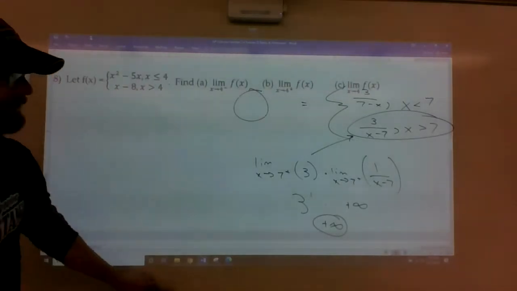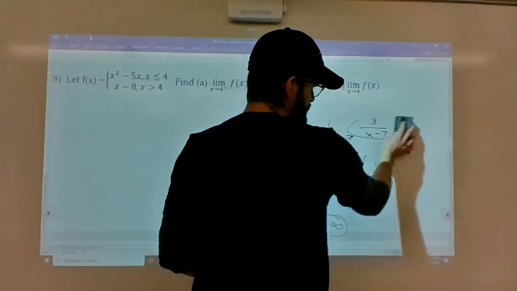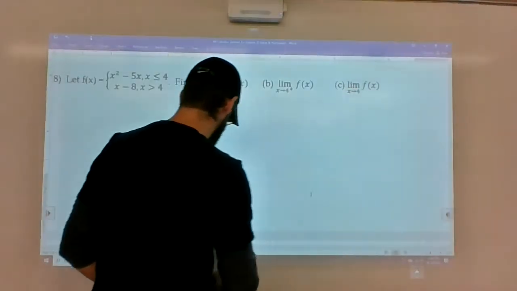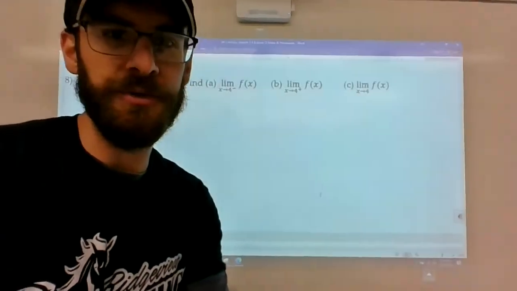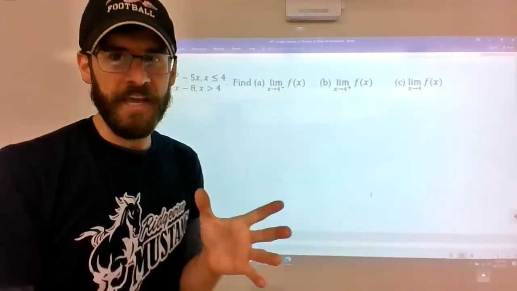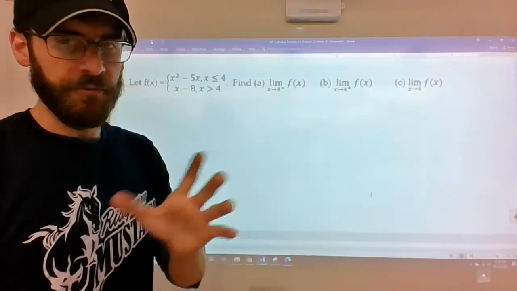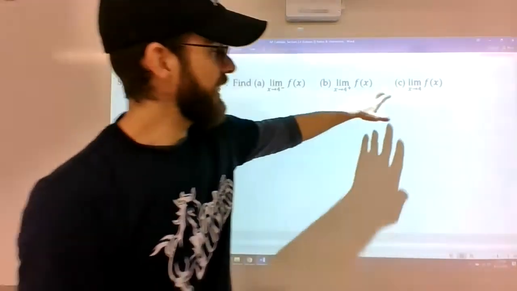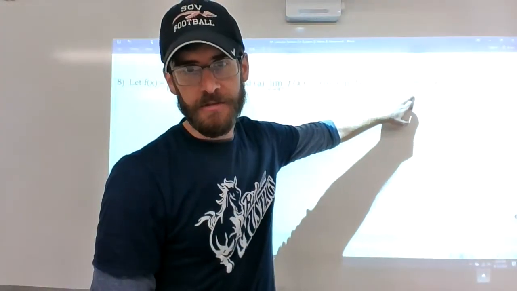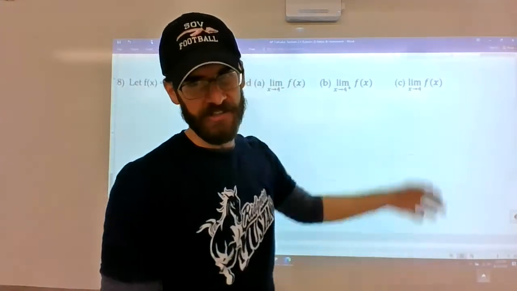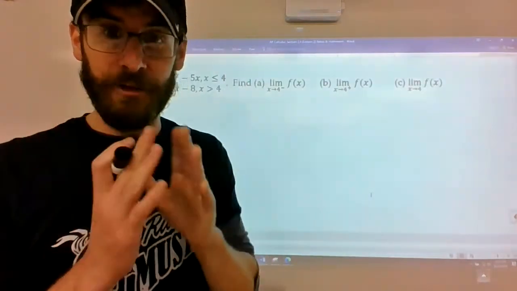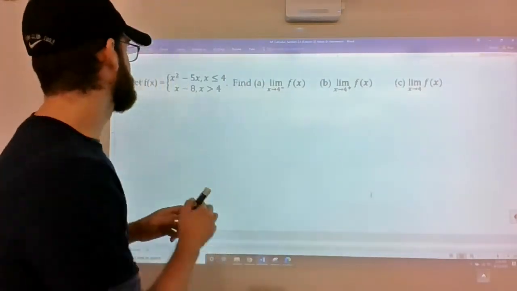All right, so what happens when you just are given a piecewise? Well, all you got to do is just find the behavior from the left, from the right, and then make sure if the two y values match, then the x equals 4 limit would actually exist. All right, sorry. Getting a little fatigued. I can do this.